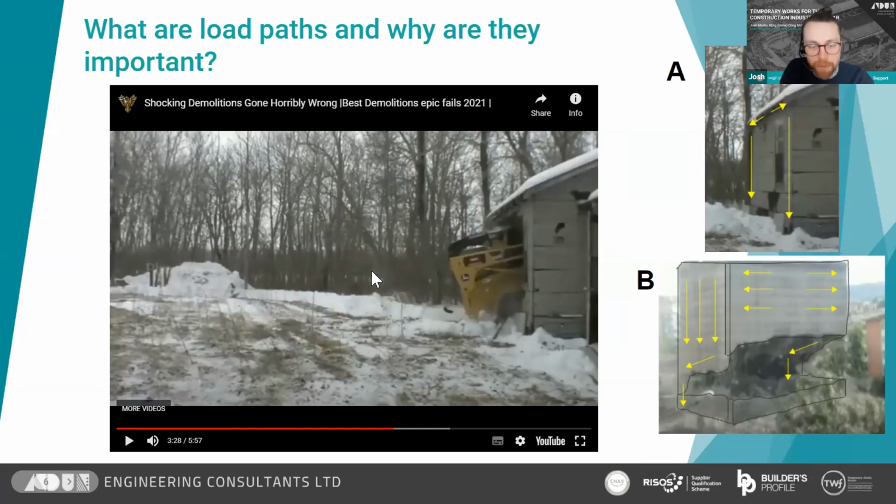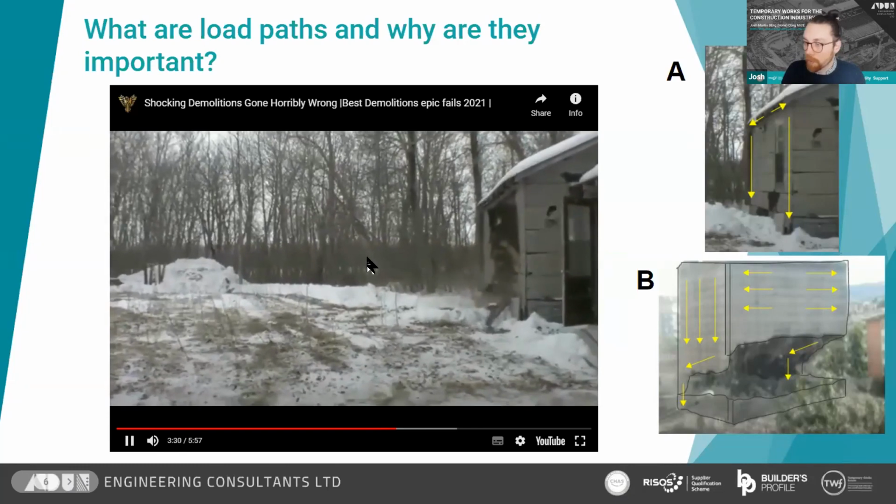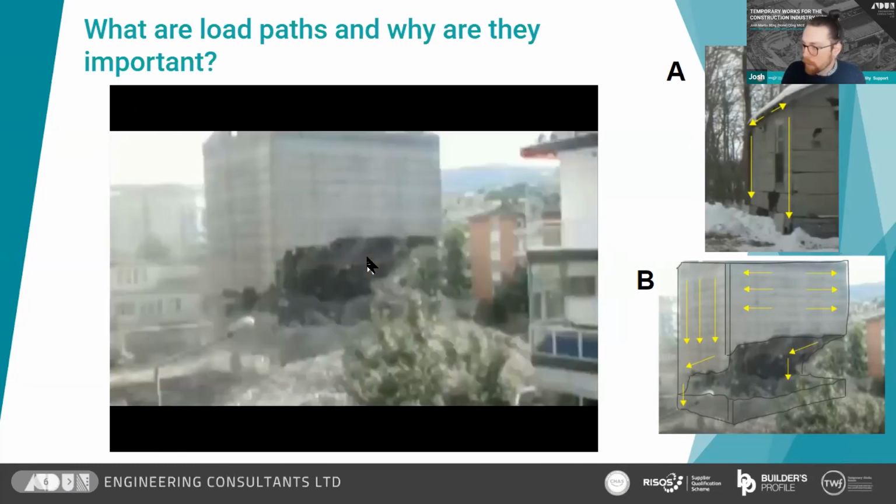The next example shows how the load path in this reinforced concrete box structure has slowly changed during demolition, and the load that is coming from the self-weight of the structure is being transferred to the rear, but eventually this load and the stresses from the resulting moments become too great and then we get a failure.